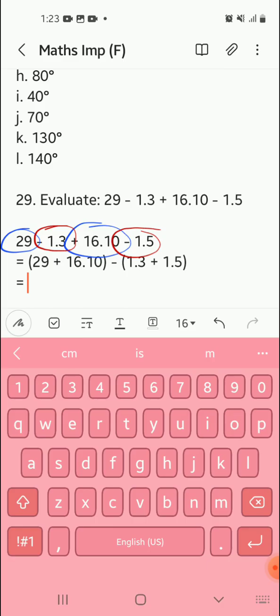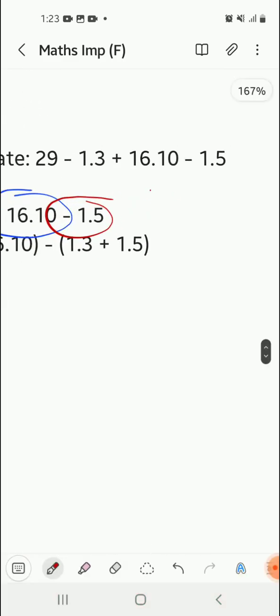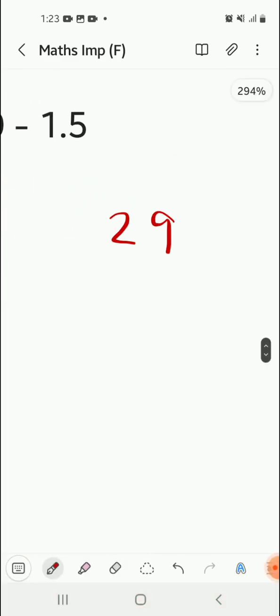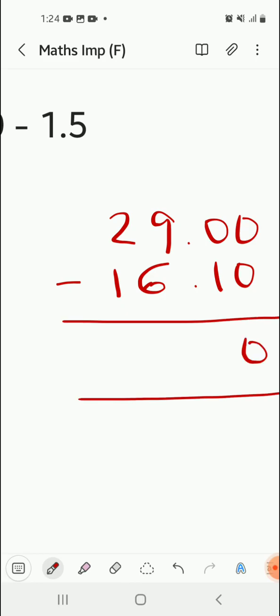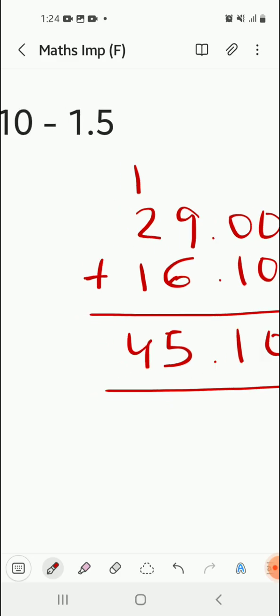So it is 29 plus 16.10. So if we do it, 29 plus 16.10. 29 means 29.00, right? We will subtract it. We get 0. Now we will add it, sorry. 1.9 plus 6, 15, 1, 45, right?